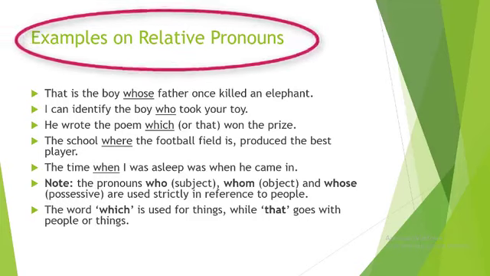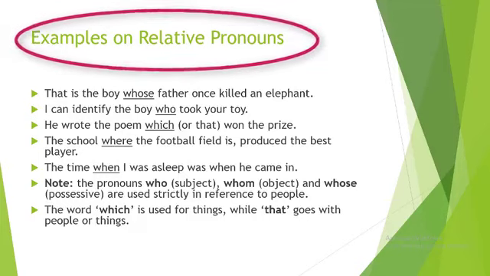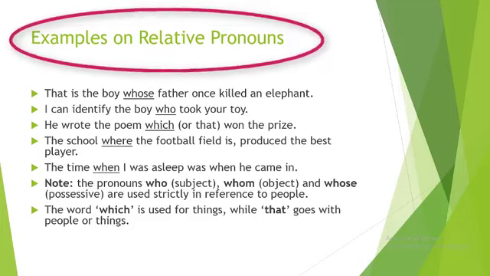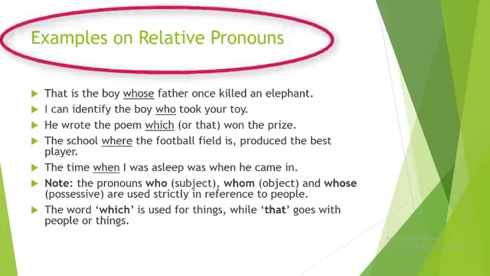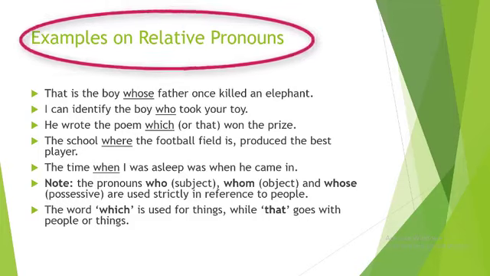Who is a relative pronoun. The school that is above the field is the best. So that is a relative pronoun. The time when I was asleep was when it happened. And when is also a relative pronoun.